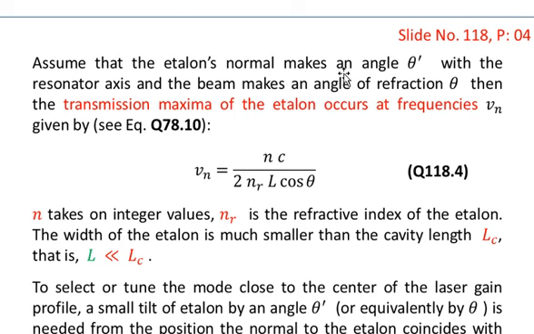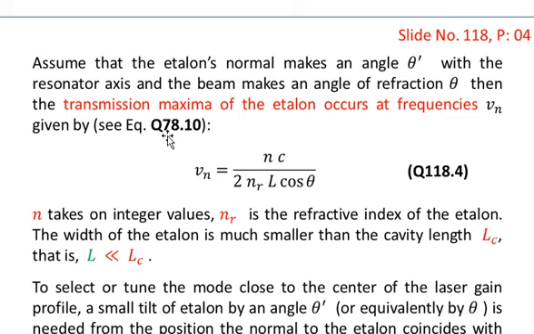So assume that the Etalon's normal makes an angle theta prime with the resonator axis and the beam makes an angle of refraction theta. Then the transmission maxima of the Etalon occur at the frequencies nu n given by this equation: nu n = n c / (2 nr L cos theta), where n is an integer, c is the velocity of light, nr is the refractive index of the material within the Etalon, capital L is the thickness of the Etalon, and theta is the angle of refraction inside the Etalon that I have mentioned over here.